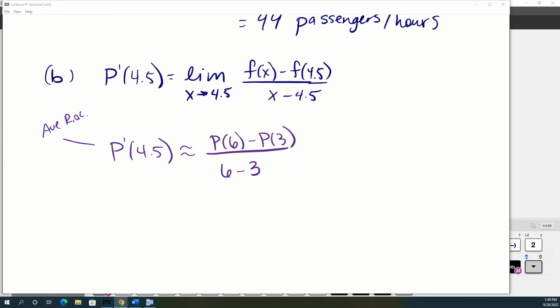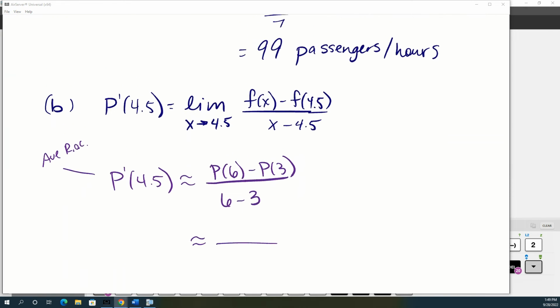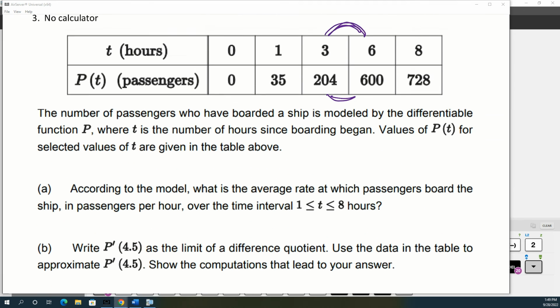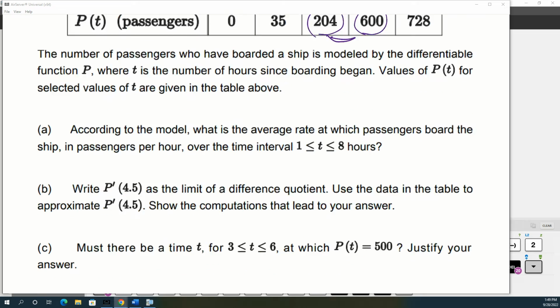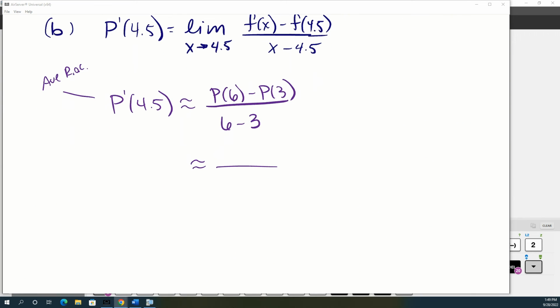All right, I'll finish this one and then I'll go back and fix what I was talking about. All right, and then you can get P of 6 and P of 3 from the table. So 600 for P of 6, 204 for P of 3. All right, and so approximate value for P prime of 4.5 is going to be 302.